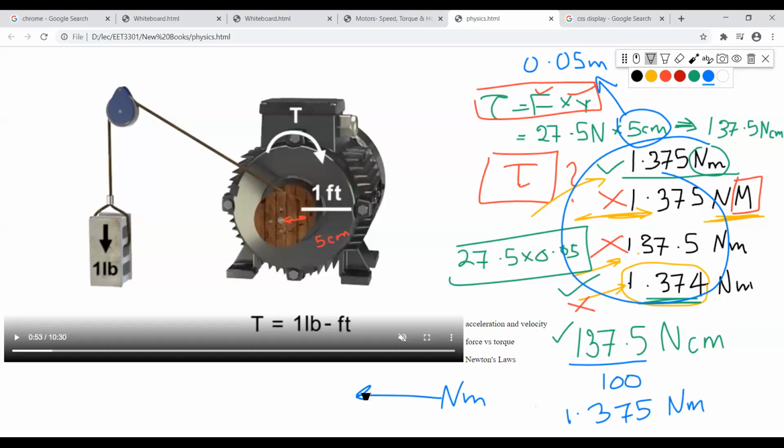Actually, if it is in SI units, this should be in kg m s to the power minus 2 multiplied by m, which is kg m squared s to the power minus 2. So this should be the SI unit.